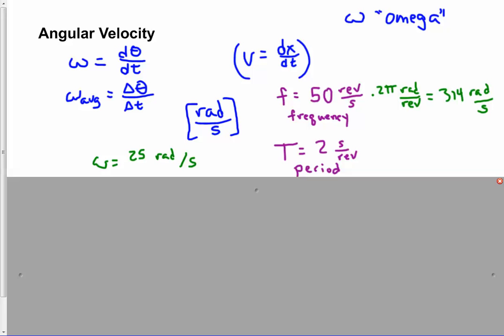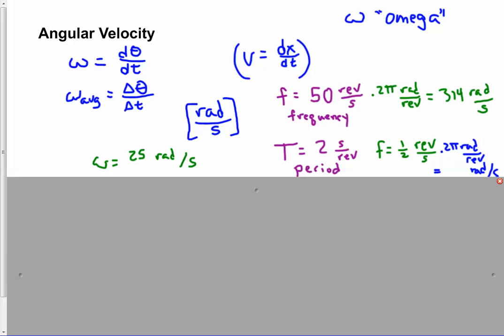What you do here is, first you flip that to get the frequency. If the period is 2 seconds per revolution, then the frequency is 1 over 2 revolutions per second, so 0.5. Then you multiply that by 2 pi radians per revolution to get the omega in radians per second.